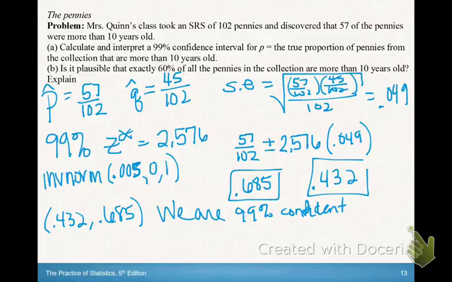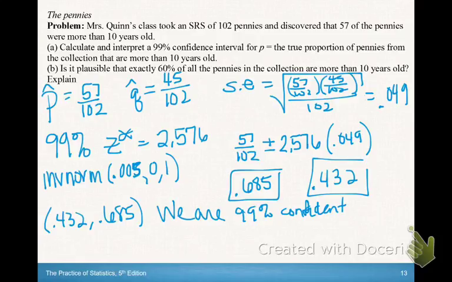I'm out of room and it takes up too much space, so I'm not going to write that, but you need to write that every time. So letter B says, is it plausible that exactly 60% of the pennies in the collection are more than 10 years old? Well, since 60% falls within our interval, I'm going to say yes.